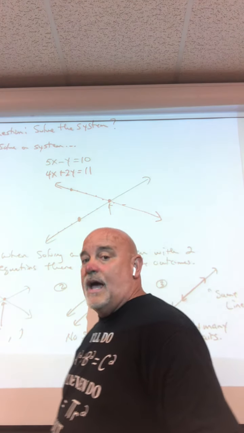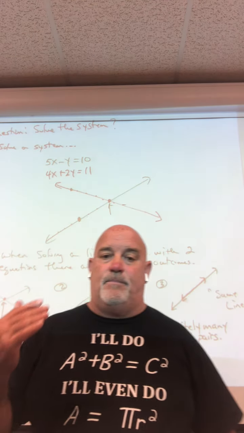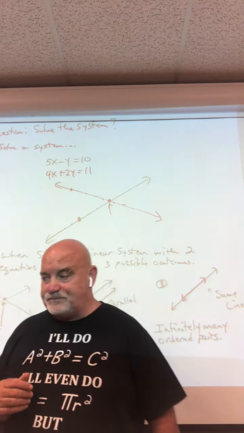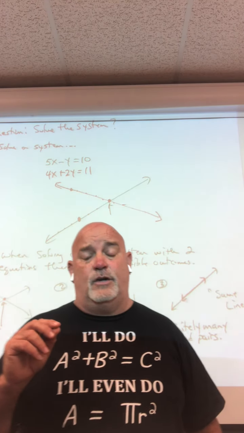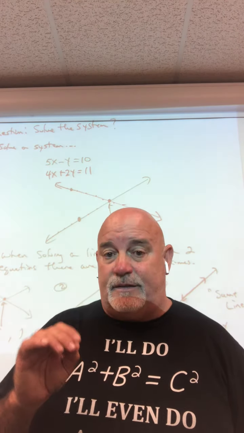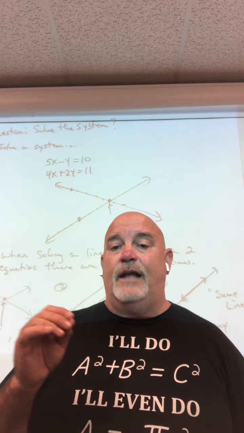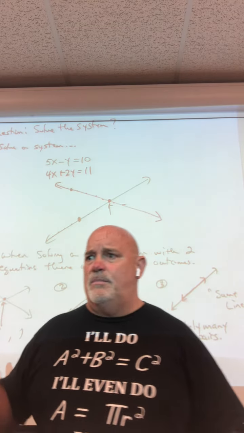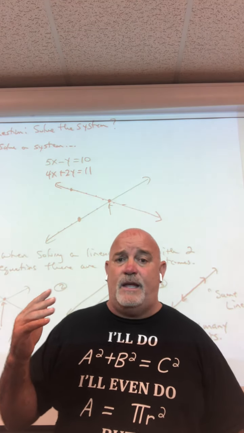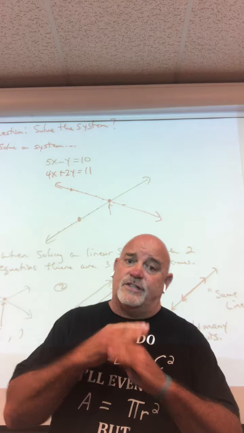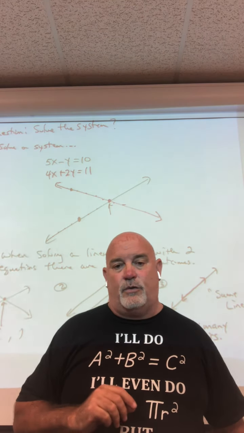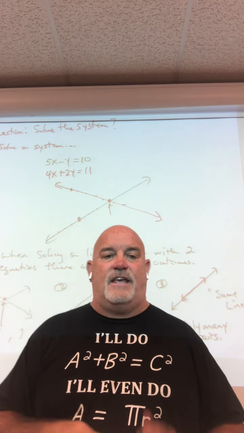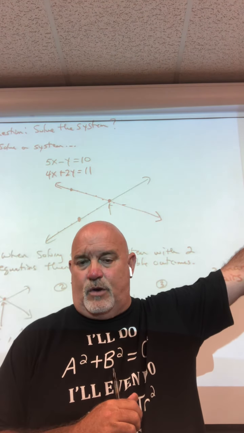Okay, so now what I want to do is talk about how we solve these systems. Well, let me first of all tell you what we're not going to do. We're not going to graph the 2 lines. And you say, well, Mr. Rainer, the obvious thing to me would be, if you want to find out where they cross, to graph both of them and see where they cross. Here's the problem with that. What if the 2 lines intersect out in the thousands somewhere?